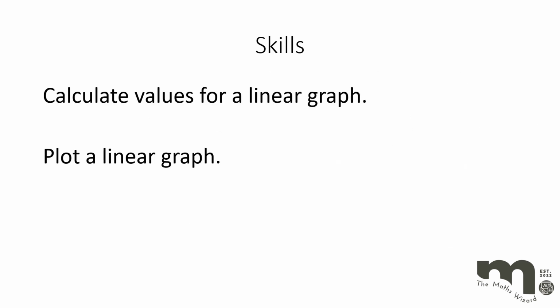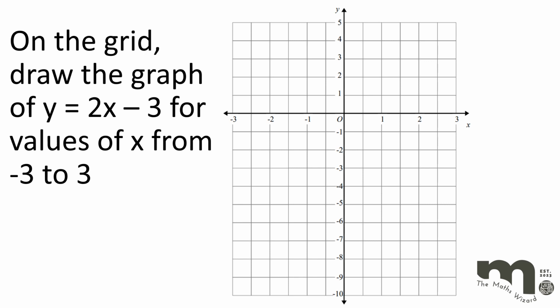Okay, so now we're going to have a look at how you take that a stage further and actually plot the linear graphs. So we've got an example here. It says on the grid, draw the graph of y equals 2x take away 3 for the values of x from minus 3 to 3. So you've got to go from your minus 3 on your left-hand side of your page, to there.